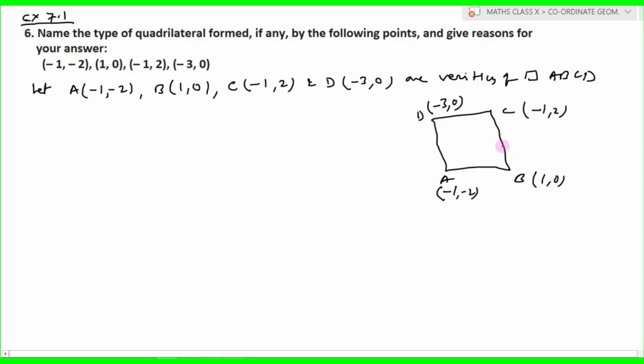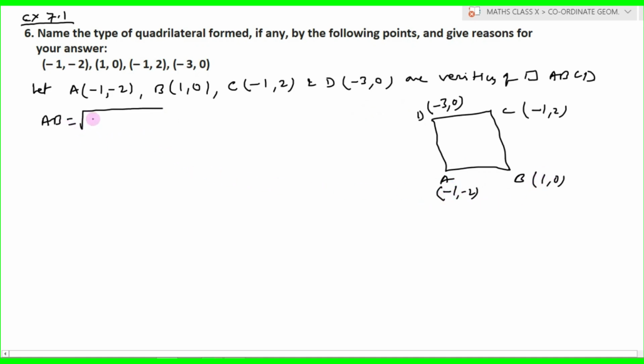Now these 4 coordinates are given. So first we have to check whether it is a quadrilateral or not, and then you have to say which type of quadrilateral if it is a quadrilateral. So for quadrilateral we need the 4 sides. So first find the length of all 4 sides. So what is AB? The square root of x2 minus x1. See, this is A and this is B. So for AB, x2 minus x1, the x2 is 1 and x1 is -1.